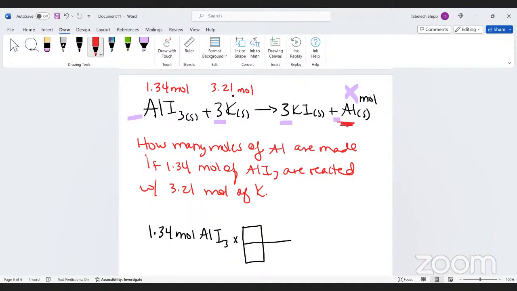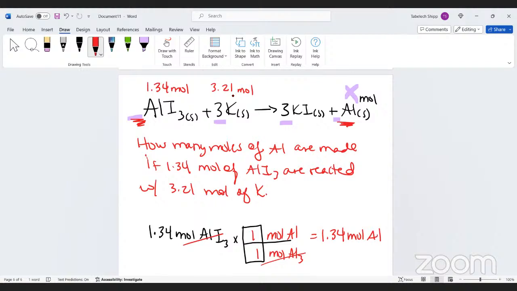So right here, I'm going to put 1 mole of aluminum on the top, and 1 mole right here for aluminum iodide. And when you cross out your like terms, you'll see that 1.34 times 1 is going to give you 1.34 moles of aluminum. Okay?